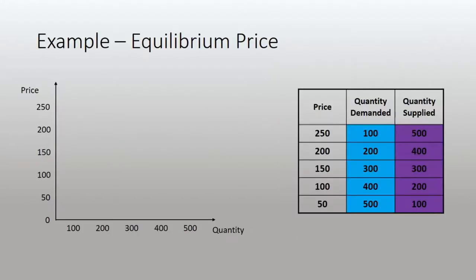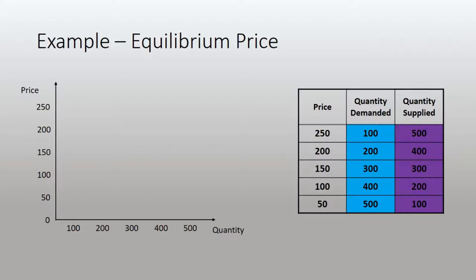Let's look at an example as to how we can construct this equilibrium price. So we have our axes on the left hand side with price on the y-axis and quantity on the x-axis. And on the right hand side we'll see our table where we have our different prices, and at those different prices we have our quantity demanded and our quantity supplied.